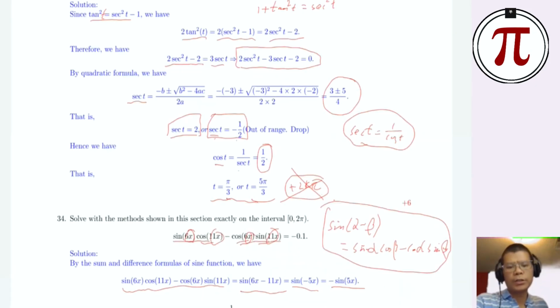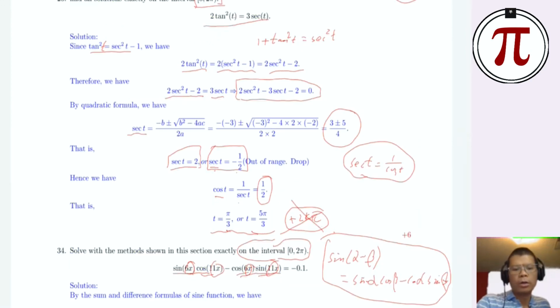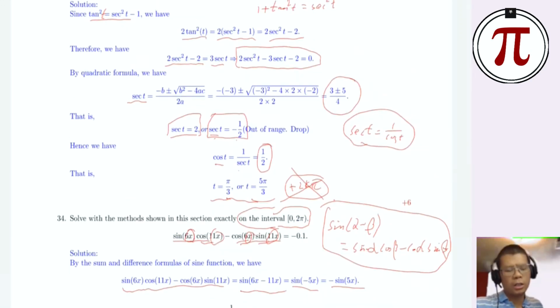The range is about x, right? So you're solving for x in the range. It's like what we did here, for t in the range of 0 to 2 pi. Range is the y, right? Well, the range is the set of the possible values of a function, so the interval is about the domain.